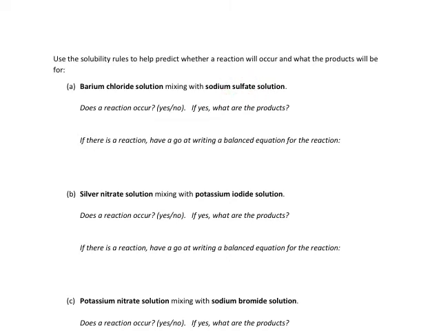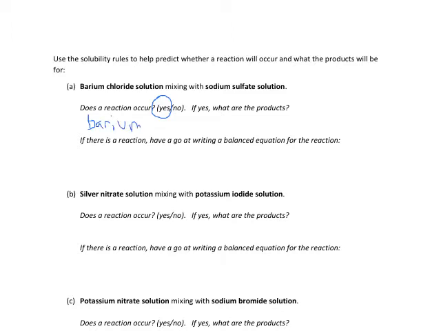So the answer is yes, a reaction will occur, and the products are going to be the particular things with the partner swap. So we'll get barium sulfate as one of the products.